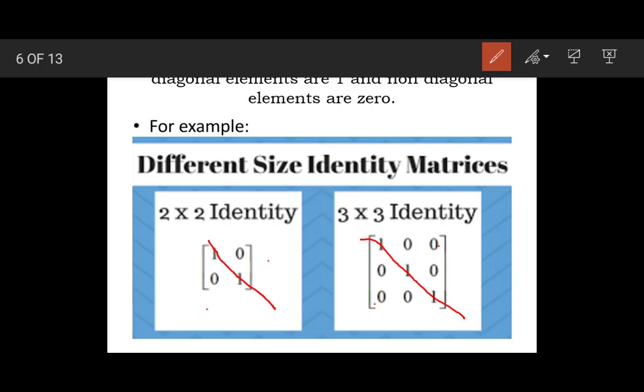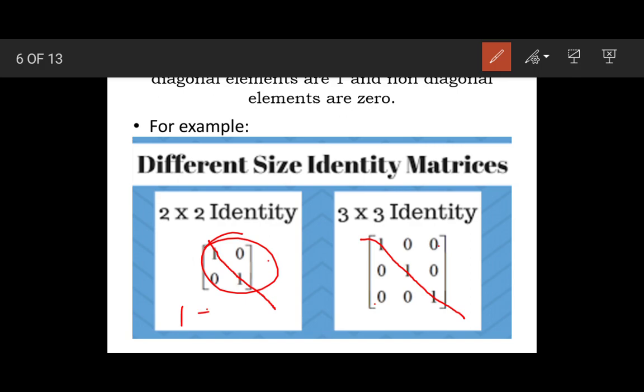Secondly, this unit matrix or identity matrix is also called a scalar matrix, right? We can say scalar matrix because diagonal elements are same and non-diagonal elements are 0. And third one is identity. Now why is this one identity? Because all the diagonal elements are 1, right?